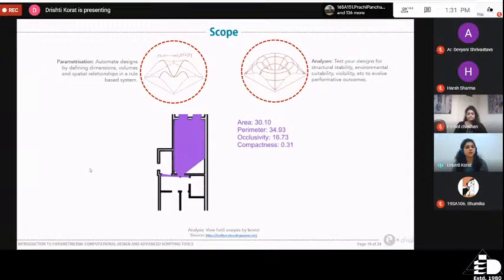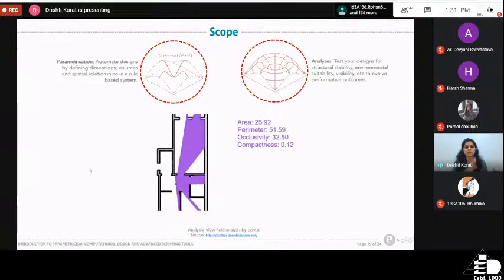When we talked about that surface or that building, you're basically able to automate your entire design process, and just by the change of parameter, be able to change or see the change in the final outcome. So parameterization or automation of design is, of course, the first important advantage of the system.